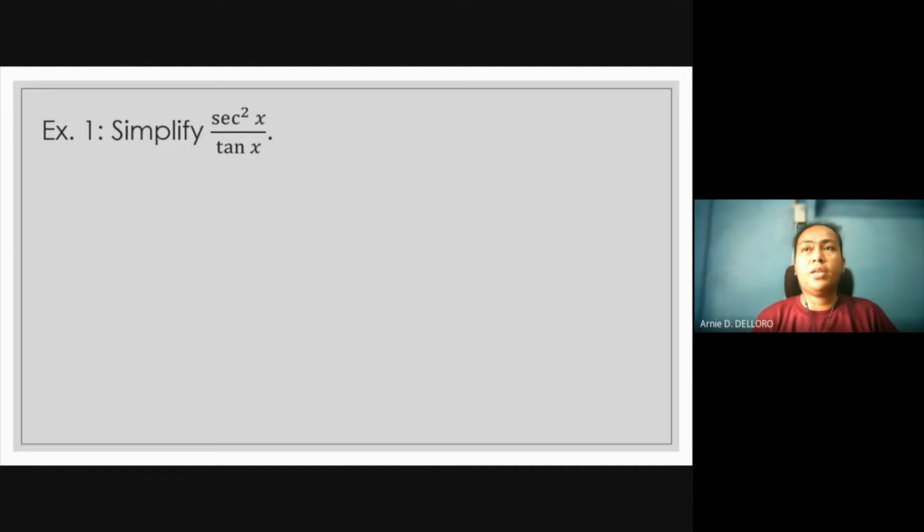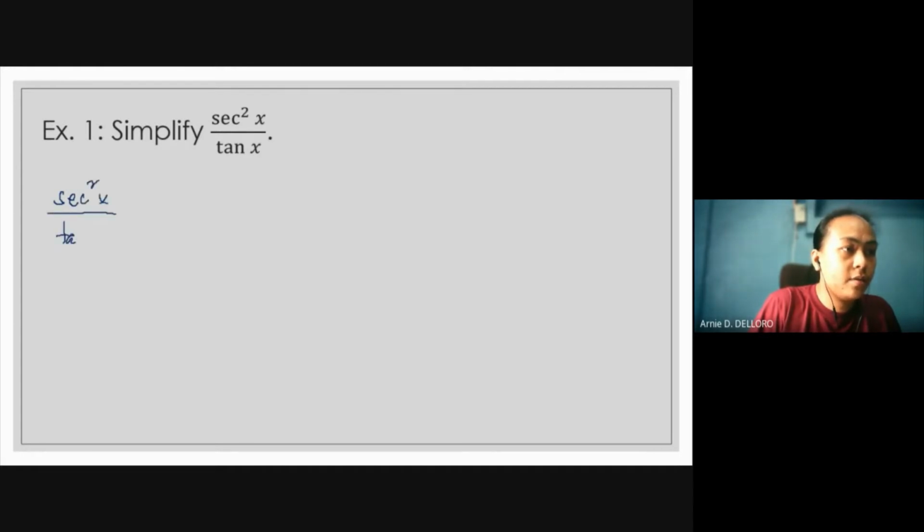We can actually use here the other identities that we have discussed previously. Okay? Sige, let us simplify secant squared x over tangent x.